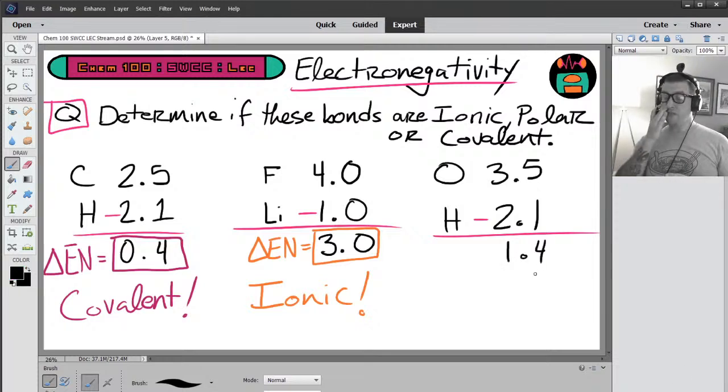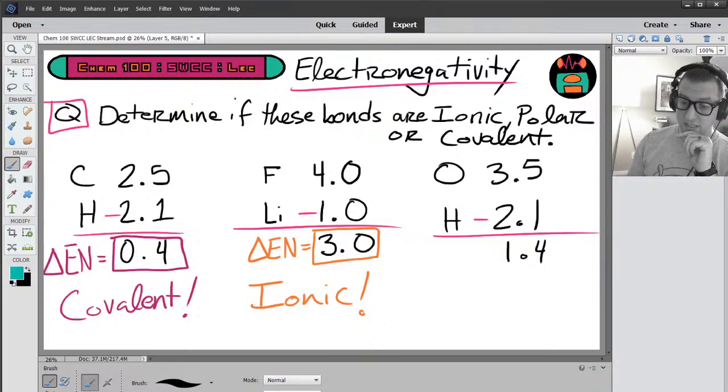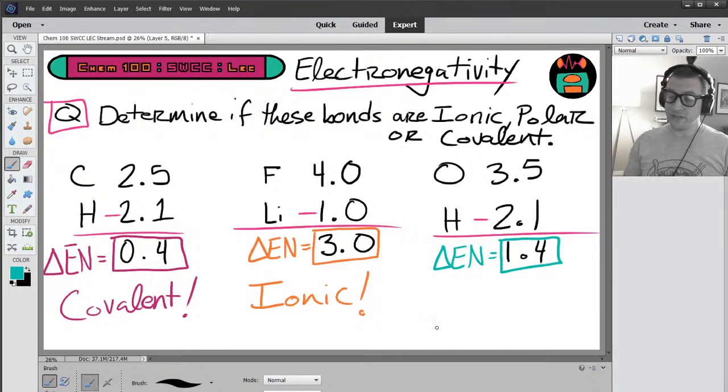Now, 1.4 isn't smaller than 0.5. It's not bigger than 2. It's in between 0.5 and 2. And Carolina, I will totally give you the electronegativities for all of these. You just need to know what the difference means. The difference in electronegativity here is in between 0.5 and 2. So that means this is a polar bond.